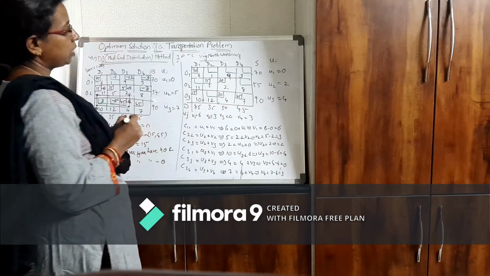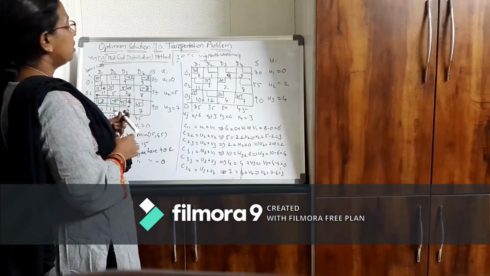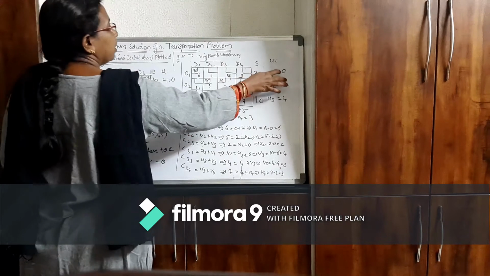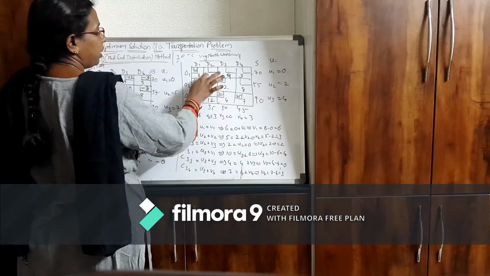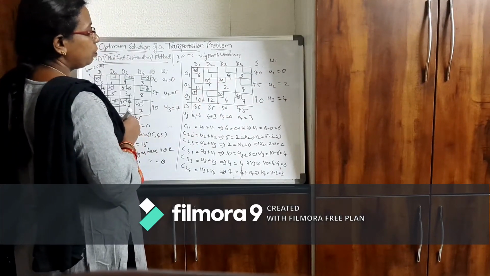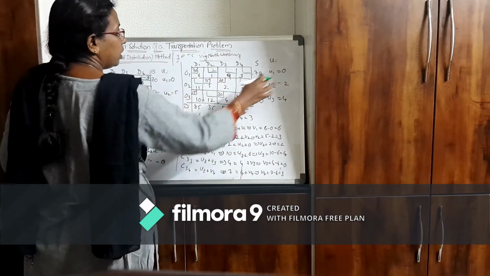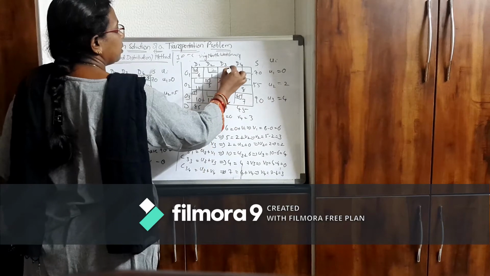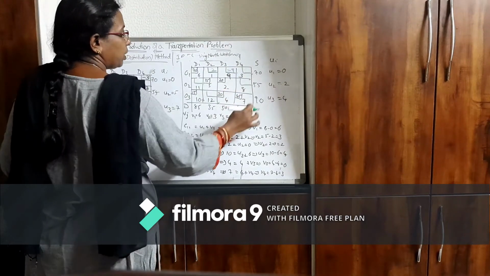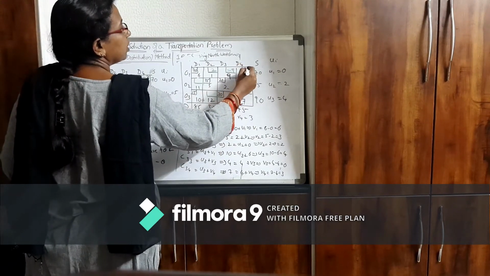So you have 6 non-basic cells. So calculate it. 0 plus 3 minus 1. 0 plus 3 is 3, 3 minus 1 is 2. Then 0 plus 0 minus 9, minus 9. 0 plus 3 minus 3, so 0.